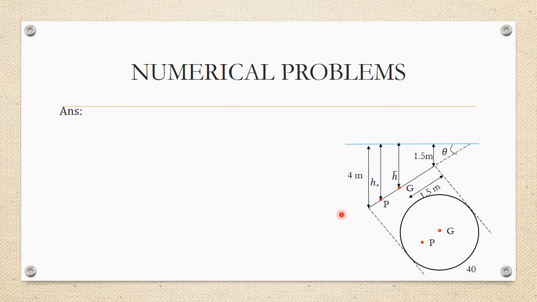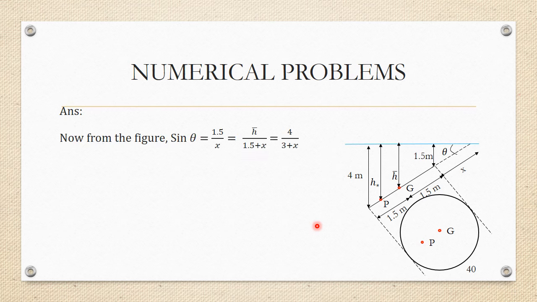This is 1.5 meter, which is the distance from the top surface to the centroid, which is the radius of the plate. This is also 1.5 meter because the total diameter of the plate is 3 meter. This distance is unknown, so we will mark it as x. Now we will use our knowledge of simple trigonometry to solve this problem.